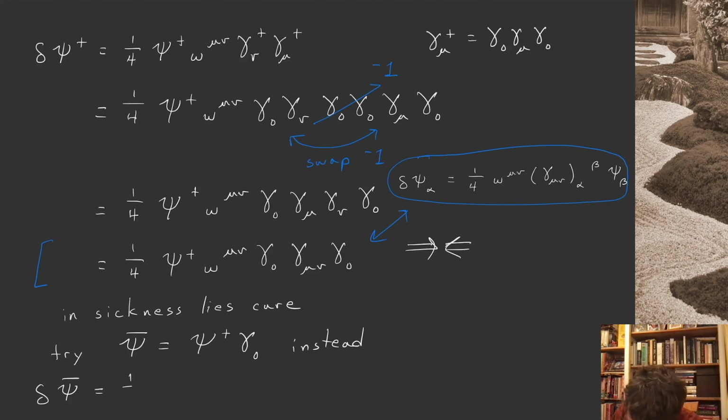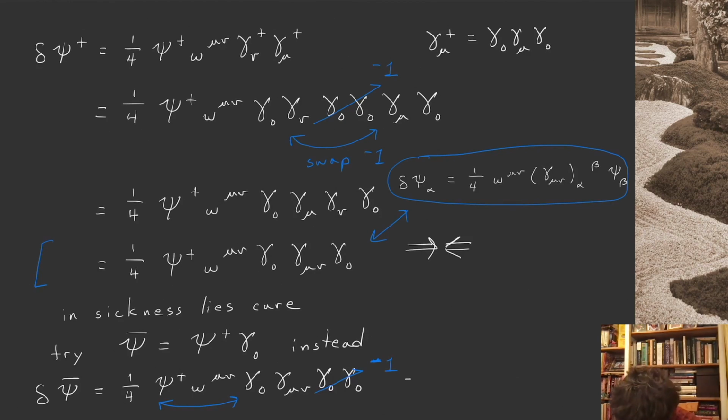So I'm going to find this as 1/4 psi dagger omega mu nu, gamma 0, gamma mu nu, gamma 0, gamma 0, right? And this gamma 0 at the end, I can replace that with -1, and this gamma 0 psi dagger combination, I can replace that with psi bar. And so what do I find?